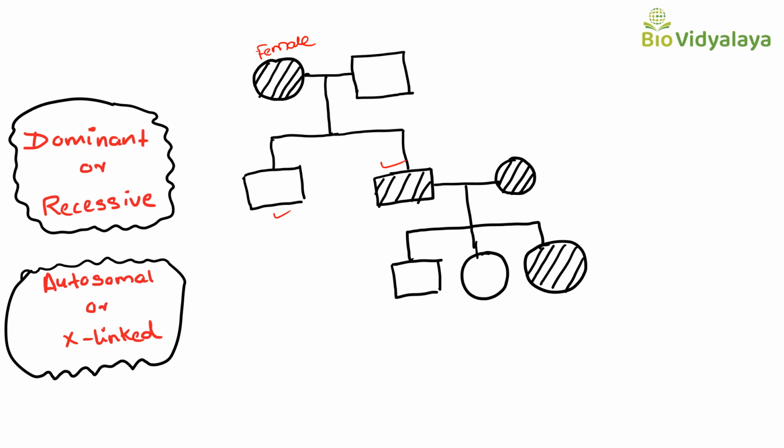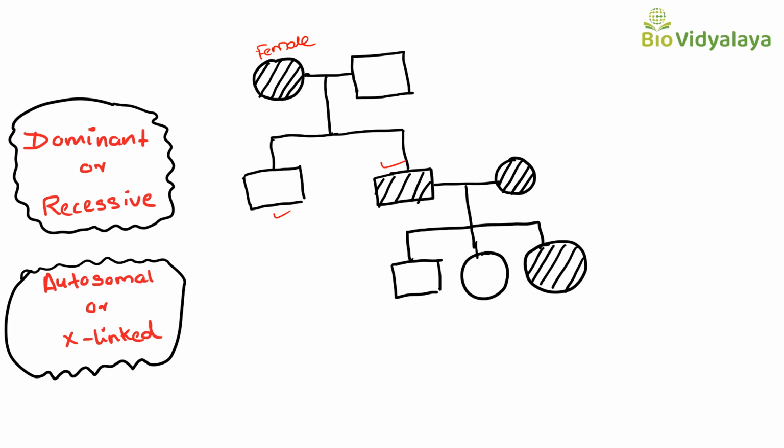That's why we can say that this is not mitochondrial, because if it is mitochondrial, all the offsprings of this mother should be affected. But here it is not like that. That's why it is not mitochondrial inheritance. And this is not Y-linked also, because here female is affected. We know that Y-linked inheritance is transferred from male to male. That's why it is not Y-linked.